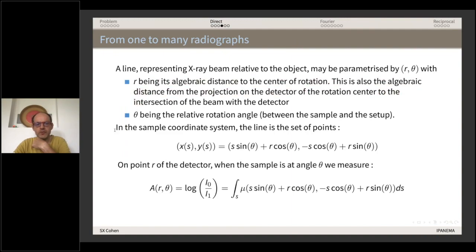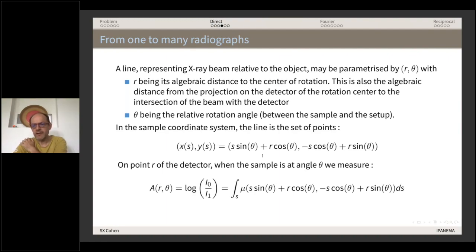Okay. So if I'm now sitting in the sample coordinates, I can express the ray as being the line consisting of x and y with a parameter s, which is basically the axis on this ray, and which is s sinus theta plus r cosinus theta on one coordinate, and on the other one minus s cosinus theta plus r sinus theta.